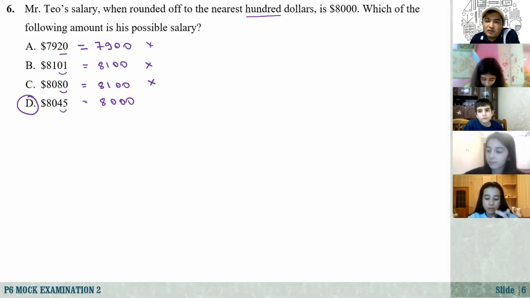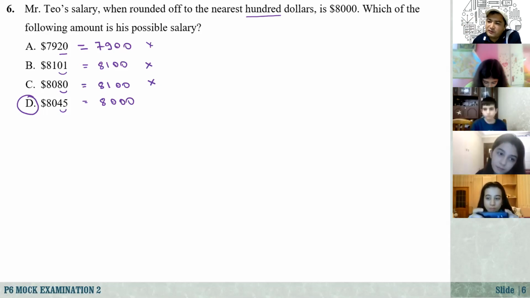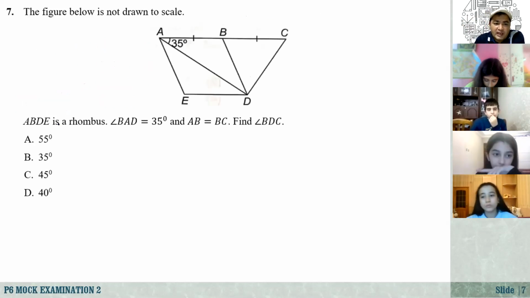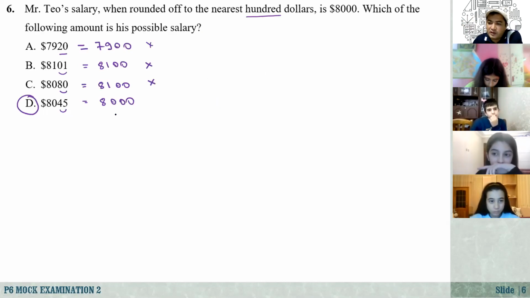It says rounded off to the nearest $100. Round off these numbers to the nearest $100 quickly. It's just four numbers, right? And after comparing, which one is 8,000? Among these numbers, $8,045, right? 45 is less than 50.